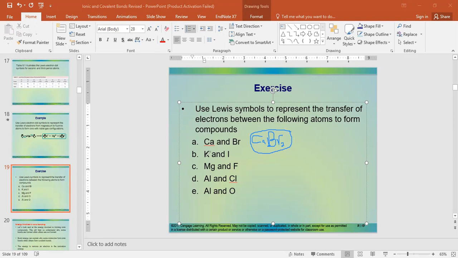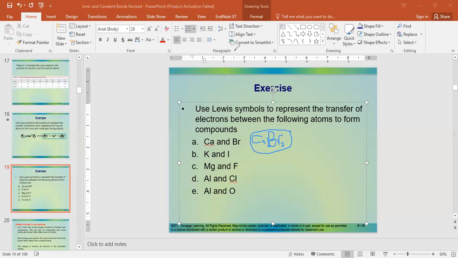Now the potassium and iodine, the formation of potassium iodide, both of these are monovalent particles, and therefore it is going to be in a ratio of 1 to 1. So the bonding here is going to be similar to that of sodium chloride. Now magnesium fluoride here is similar to what we have shown in the previous.